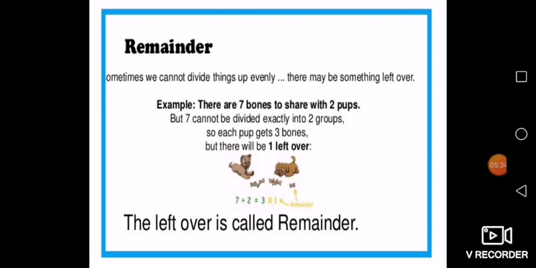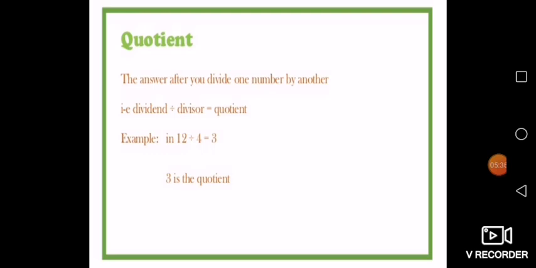Now the next term is quotient. Quotient is very important. The answer you get after you divide one number by another, that is, dividend divided by divisor, is the quotient. For example, when you are dividing 12 by 4, 4 threes are 12, so you will get 3.